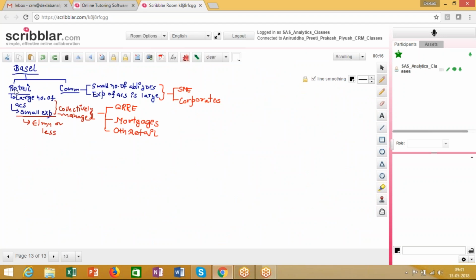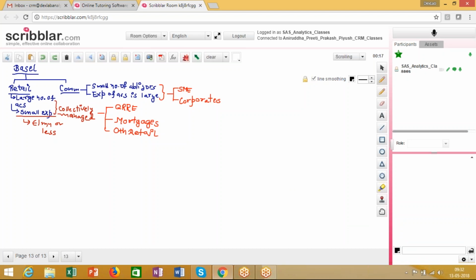So that is the part with which we had closed our discussion in the last class. So basically we see that Basel classifies the banking portfolios into two broad groups. One is the retail group, the other is the commercial group. Now, the retail portfolio is a portfolio where you have a large number of accounts and you have extremely small exposures, right?